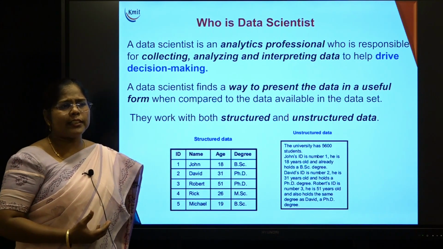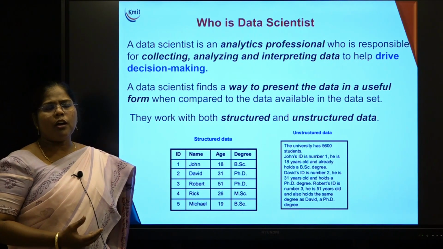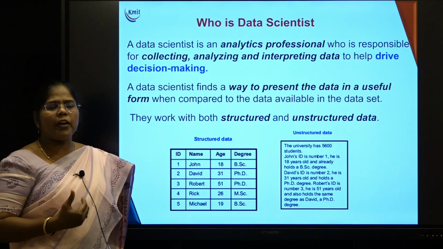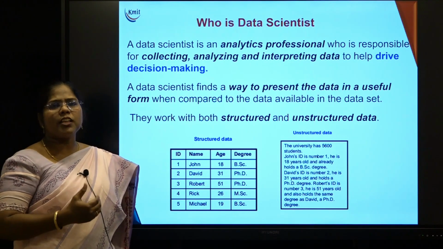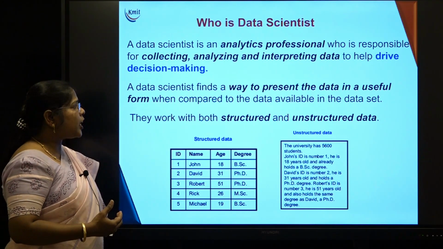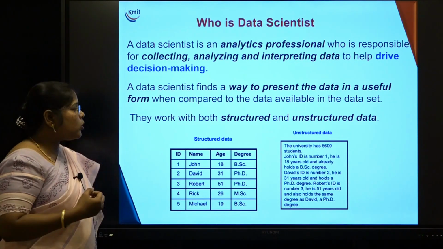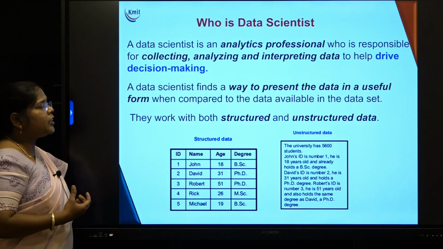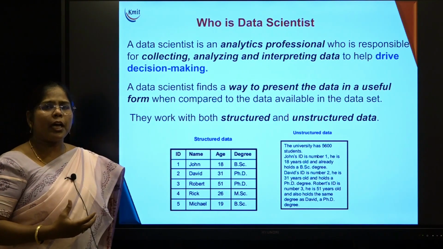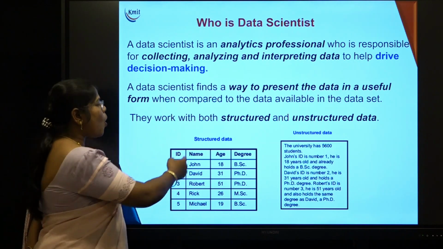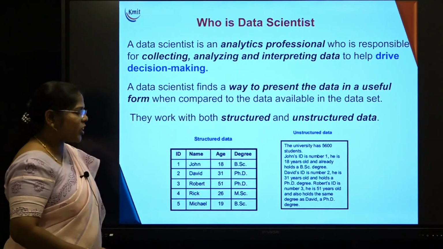Let me take an example. If I want to predict tomorrow's temperature, I should analyze the past history of the data such that we can extract the output. When a data scientist is working, he uses two types of data. One is called structured data and the second one is called unstructured data.